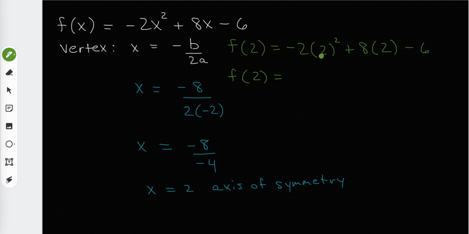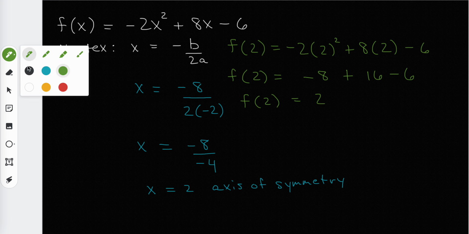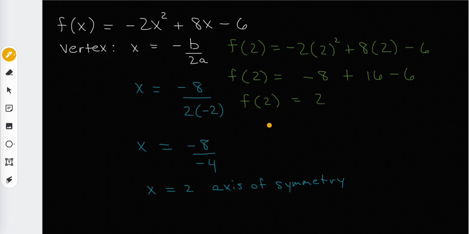So 2 squared is 4, and 4 times negative 2 is going to give me negative 8. 8 times 2 is 16. So now I know that 16 minus 6 is going to give me 10, and then if I subtract 8 from that, I'm going to get 2. So that means my x value is 2, and my y value is also going to be 2.